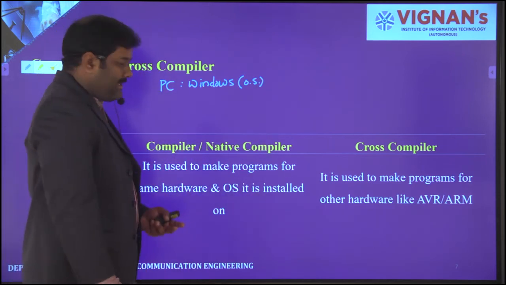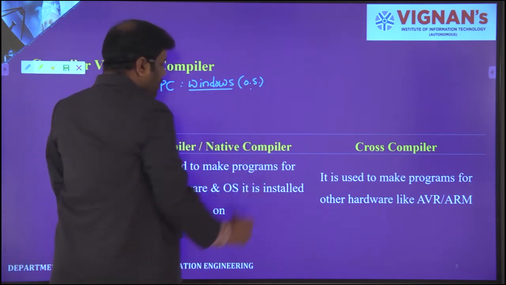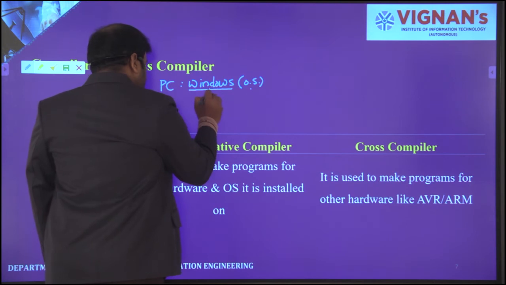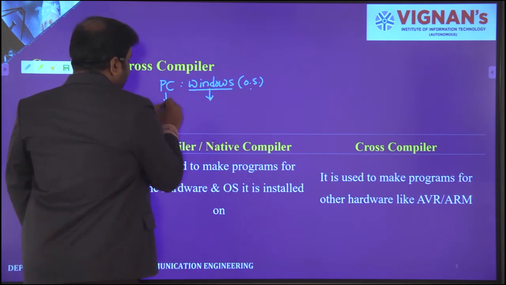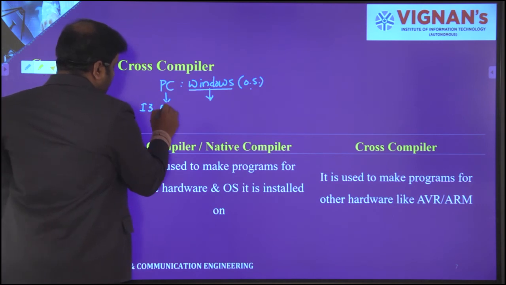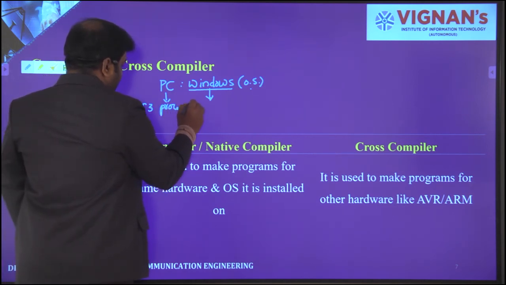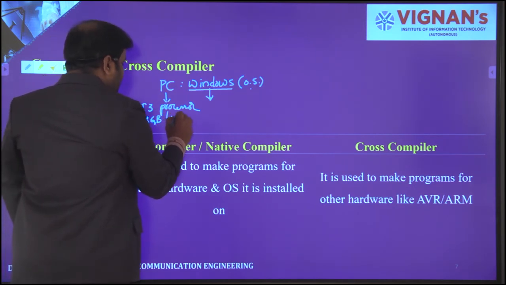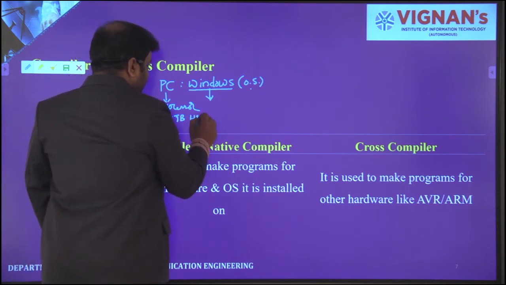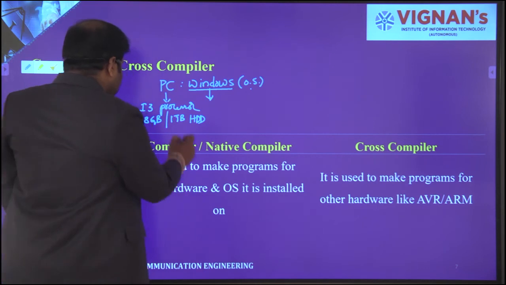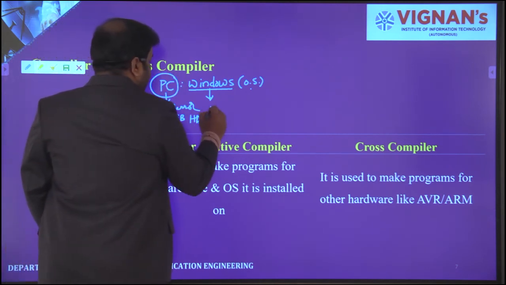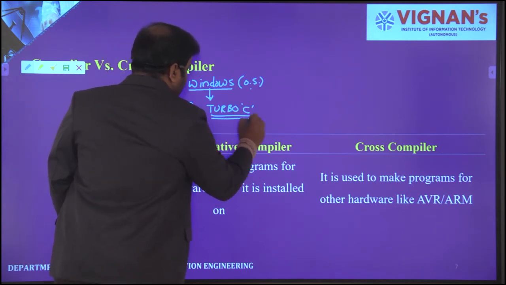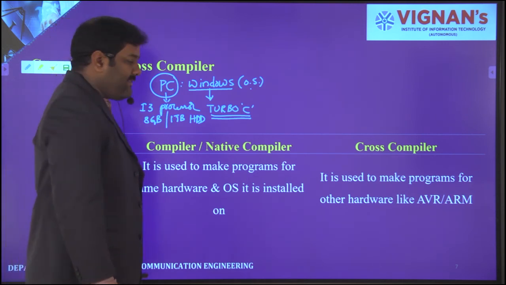For the hardware, I'll use an i3 processor, having 8 GB RAM and a 1 TB hard disk. In this same PC, I have installed Turbo C. It's my software which will compile any C language programs.